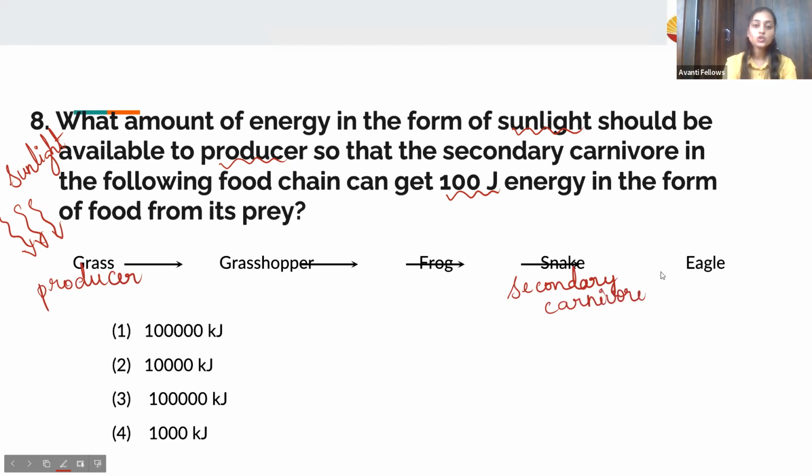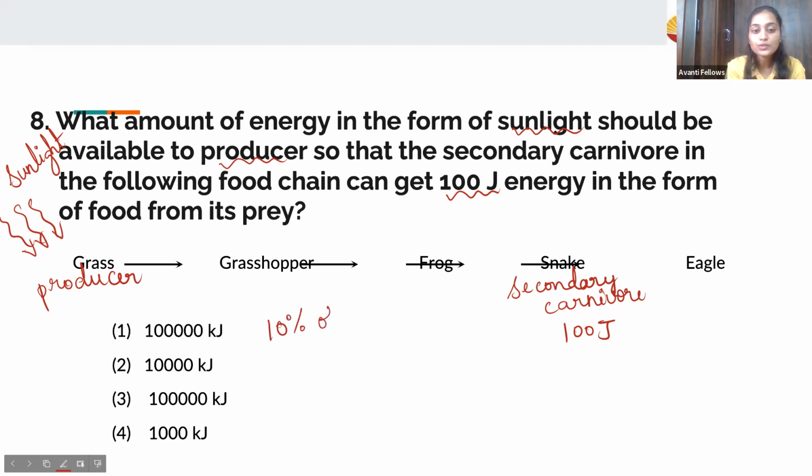They are saying that in the following food chain, the secondary carnivore gets 100 joule. Yes. So we all know that there is an energy flow in the ecosystem which happens at 10%.